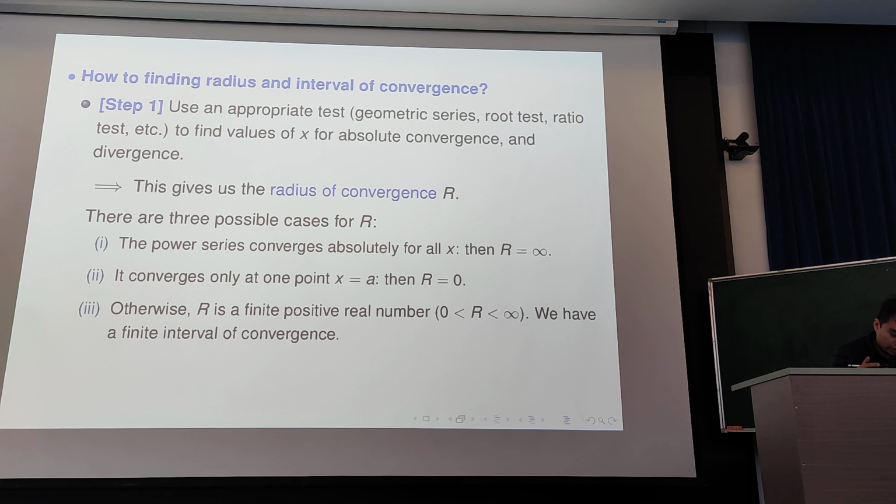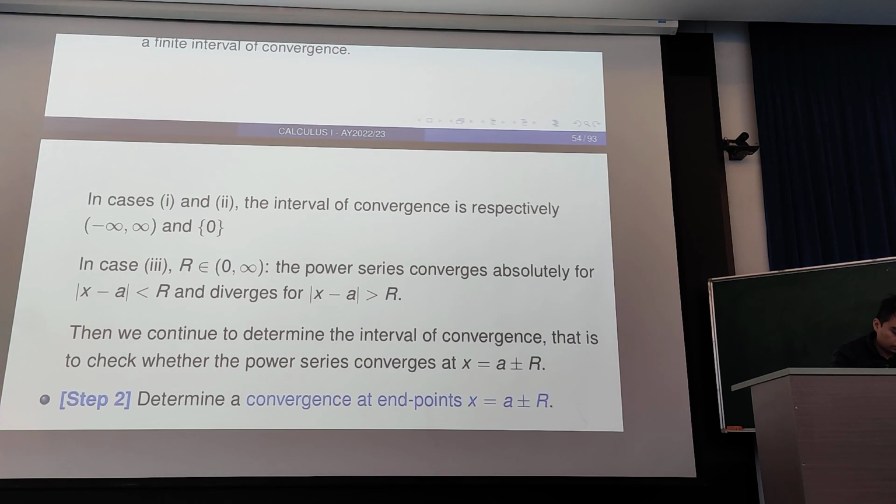If the third case happens, that means R is a finite positive real number, of course, right? Then we need to do a little bit more to determine precisely the interval of convergence.